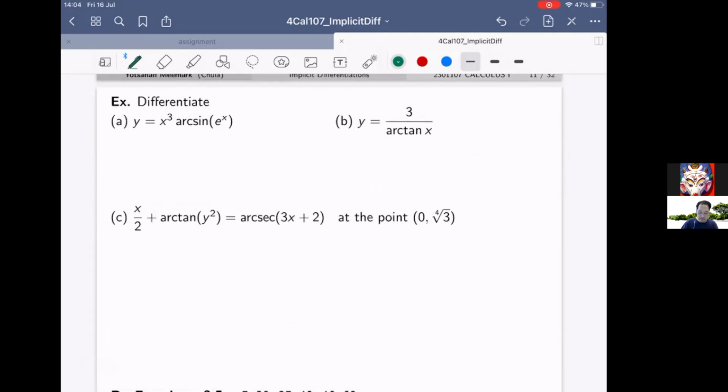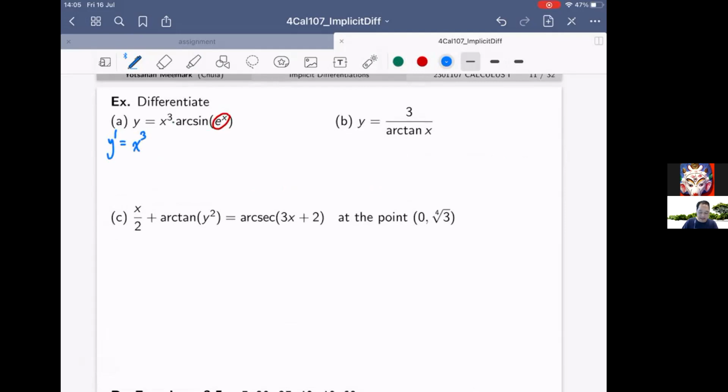So here, can you see that we have two functions multiplied with each other? The first thing that you need to do is the product rule. And then in this one, you see that instead of x, you have the u here, and your u is e to the x. So you need to use the chain rule for the second term. So for your y prime, it is the first, and then the derivative of the second.